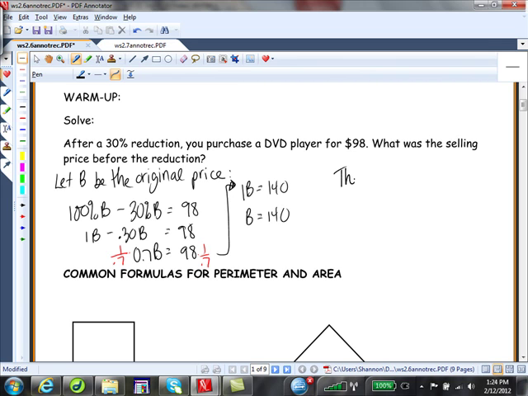So let's give our answer in words. The selling price before the reduction was $140.